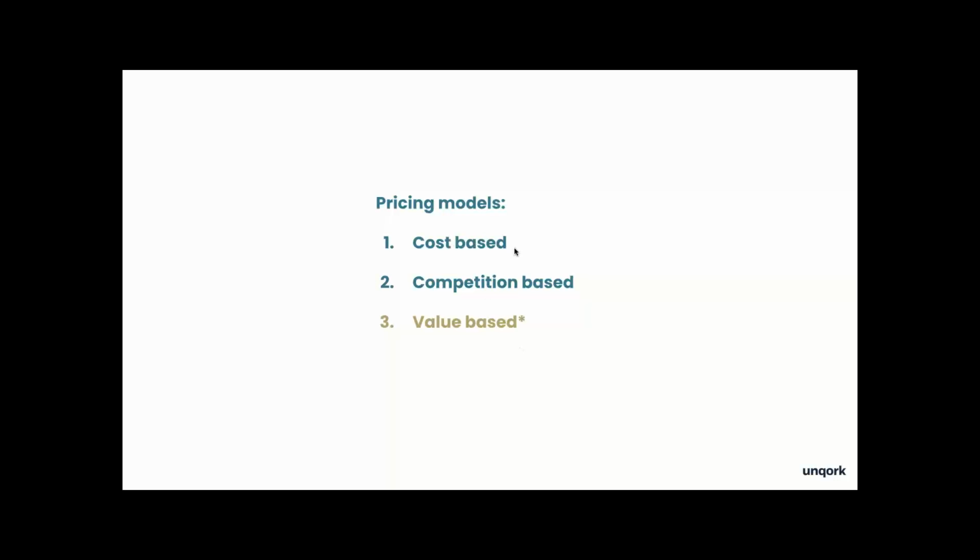Cost-based means that you just look at the cost of the offering and then put a markup on top of it. Competition-based means that you look at what others are doing in your industry and price similarly. Value-based is the most sophisticated approach, where you say, okay, I know how much value I provide to my clients, so I know I can price a little bit higher, and they will still get a ton of value.